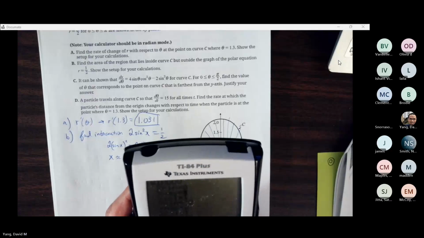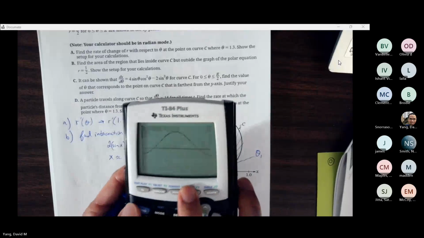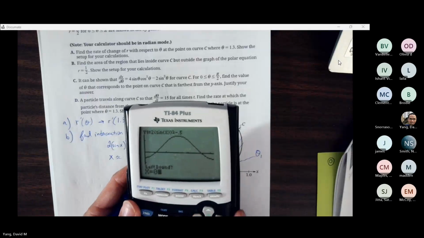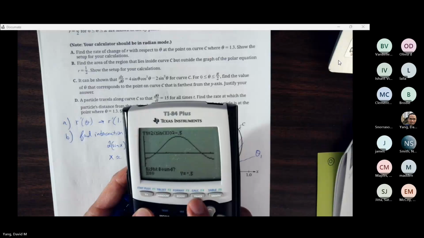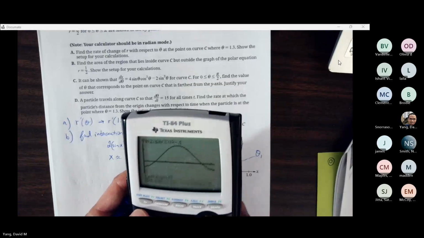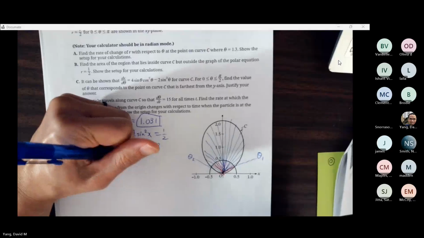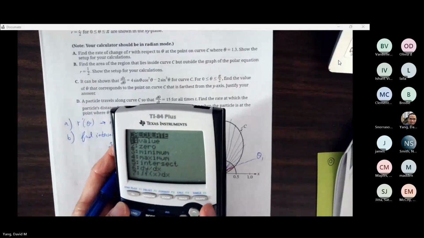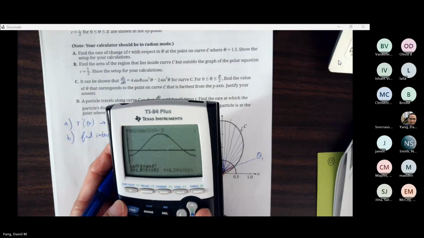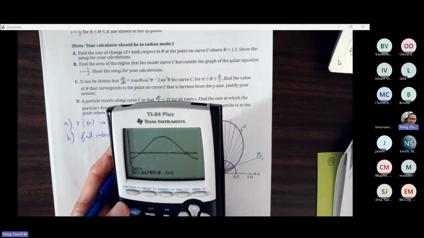I need to go from 0 to pi. 0.523, that's one of them. The other one, I'll hit enter here, and to the right, hit enter again. 2.6.